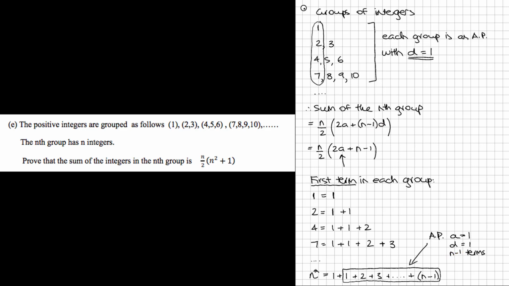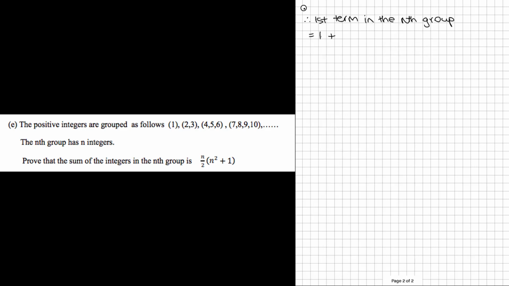And then wherever we see a, we can just put 1, and wherever we see d, we can put 1. So really what that will be is n minus 1 on 2 times 2 times 1, plus n minus 1 minus 1 times d, or times 1.